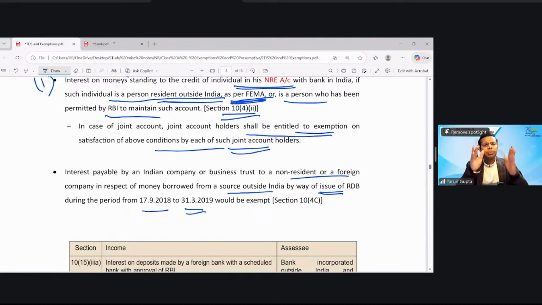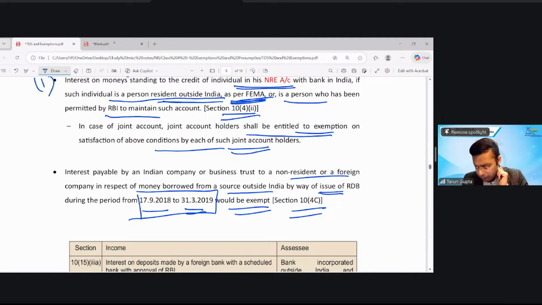During this very limited period, if an Indian company or business has issued RDB, then the foreigner, the non-resident who has subscribed to such RDB, and whatever interest they are deriving on this RDB shall be exempt. So this is as per section 10(4)(c).